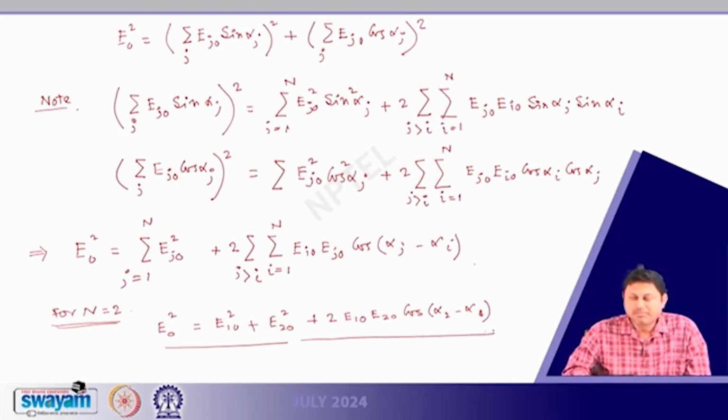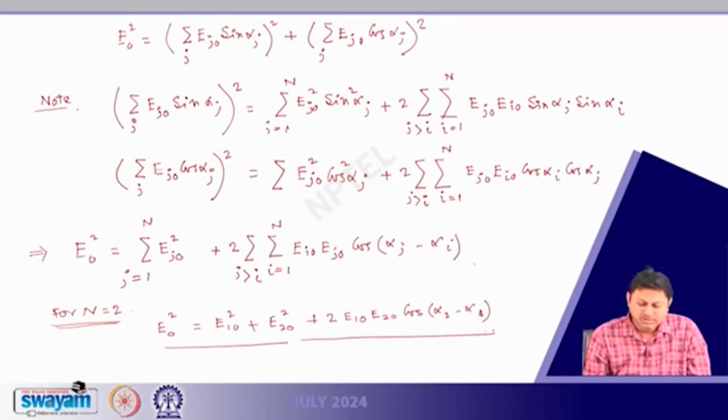Now with this complex form, what we get is that if instead of two waves I have more waves, then the superposition of these waves can be written in this particular summation form.